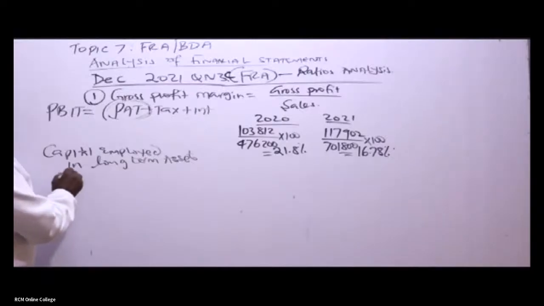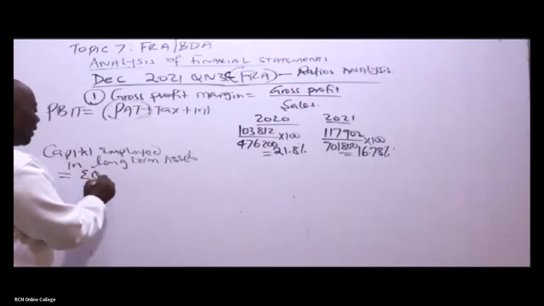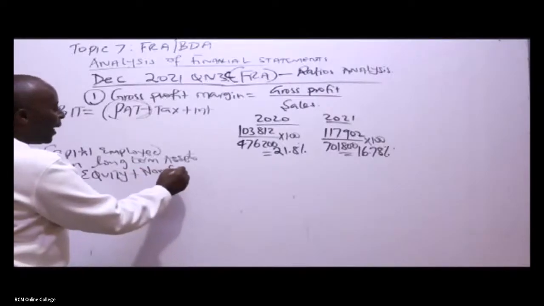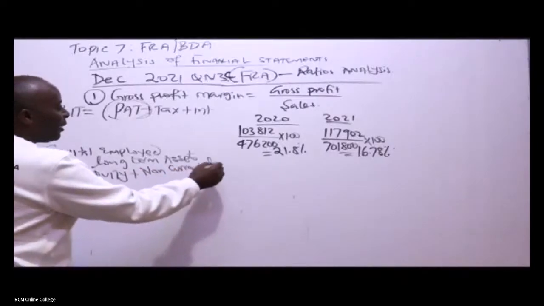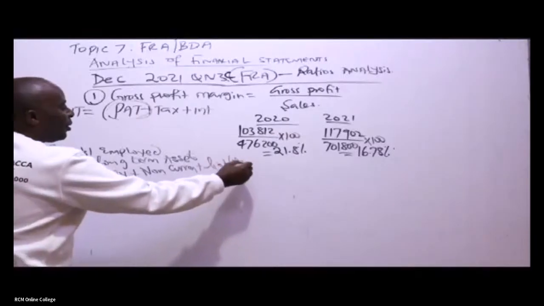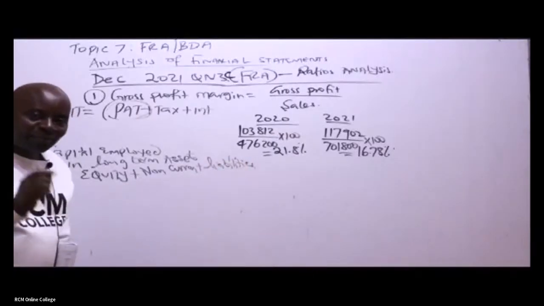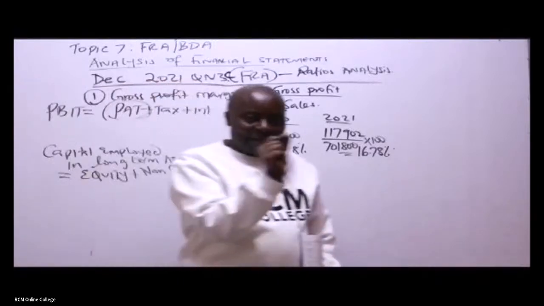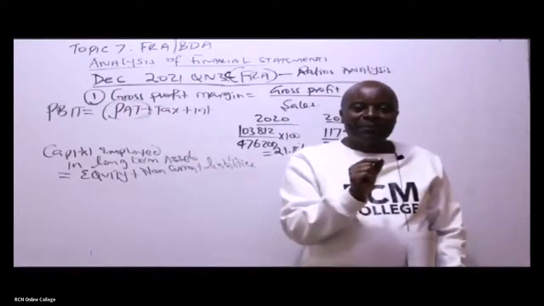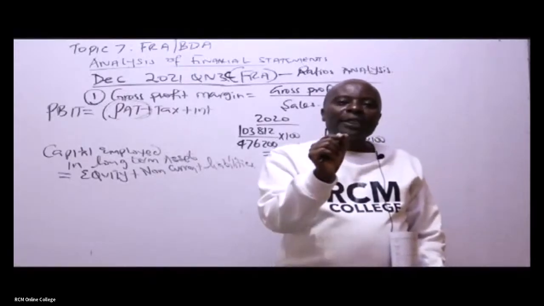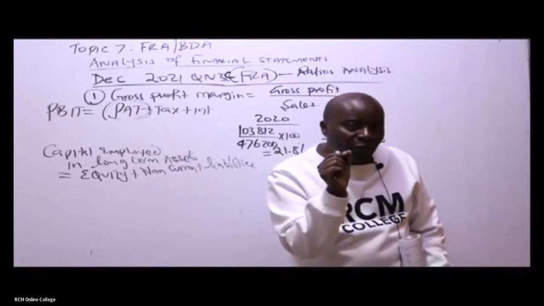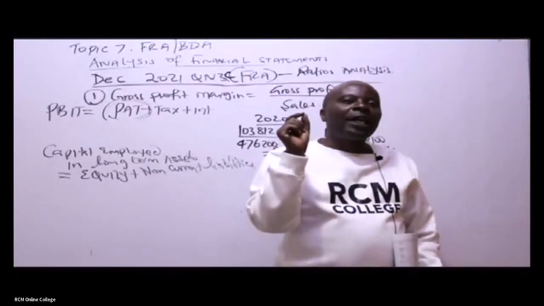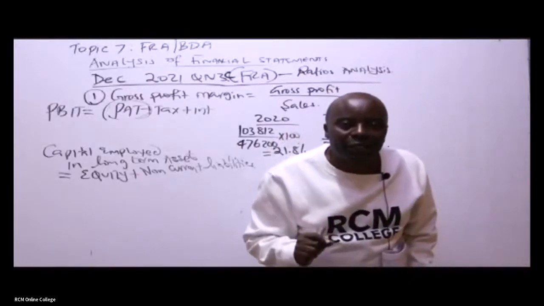The first way is to think about equity and non-current liabilities. So this is what we call capital that is permanent, capital that will stay with us in the long term. This capital will be what has been given to us by the owners of the business, what we are calling equity, and of course the long-term debt providers.